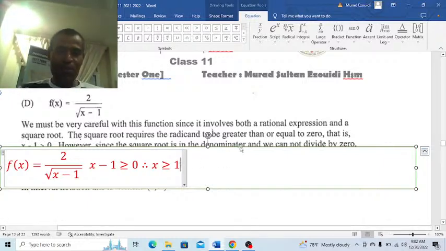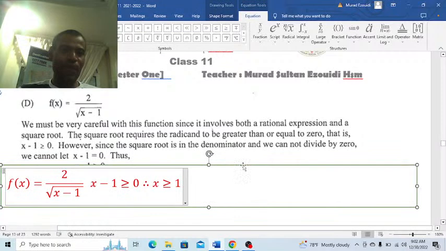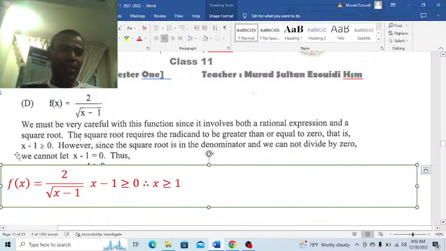So the domain, learners, is what? In fact, we told that x minus 1 is more than or equal to 0, means x is more than or equal to 1.